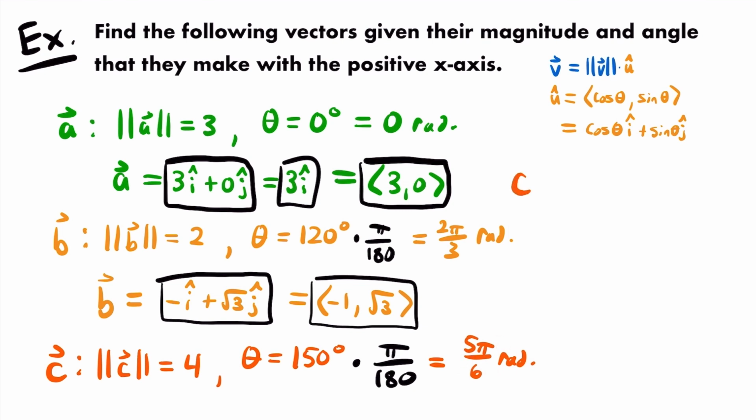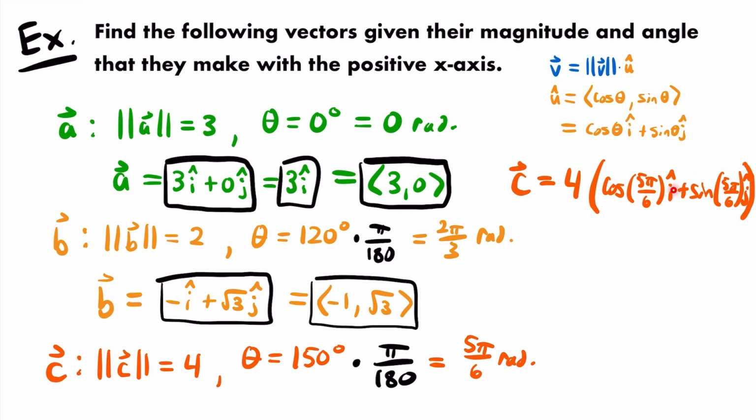So vector c is going to be equal to its magnitude of 4 multiplied by the unit vector, where we use this angle of 5 pi divided by 6. So we'll have cosine of 5 pi divided by 6, i plus sine of 5 pi divided by 6, j. And I just barely fit that all in there.